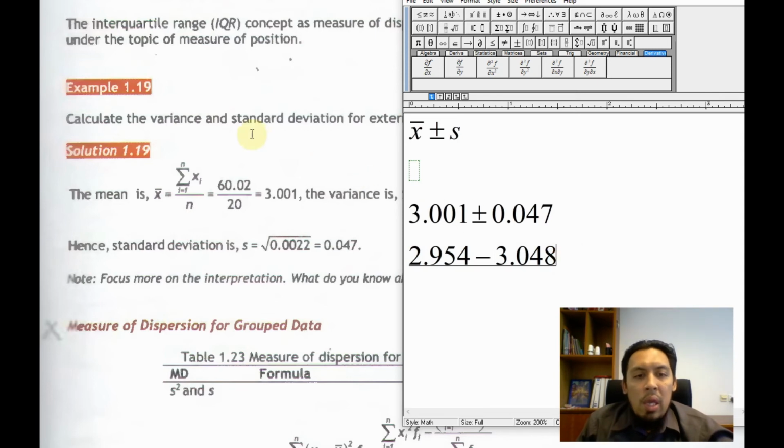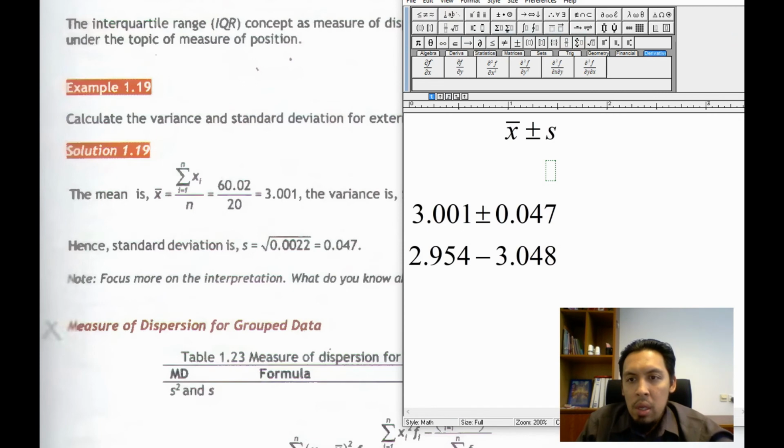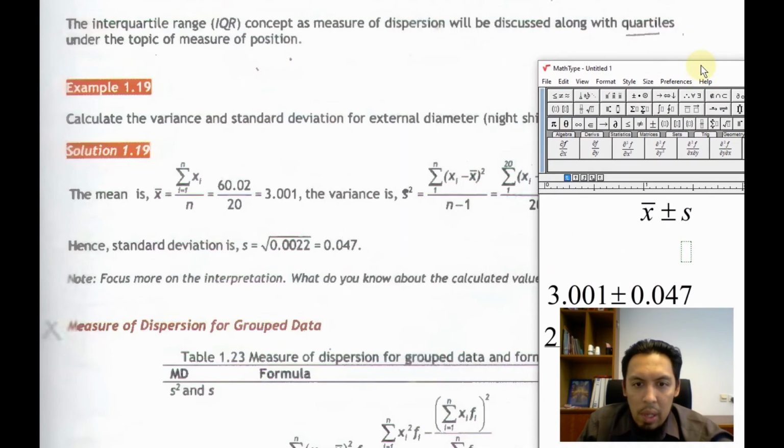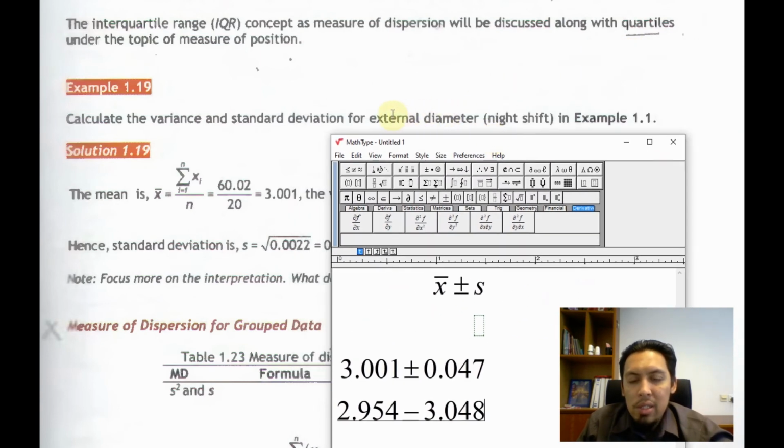What does this data talk about? External diameter, yeah. Any external diameter within this value, which is 2.954 until 3.048, we can say that it is kind of standard.